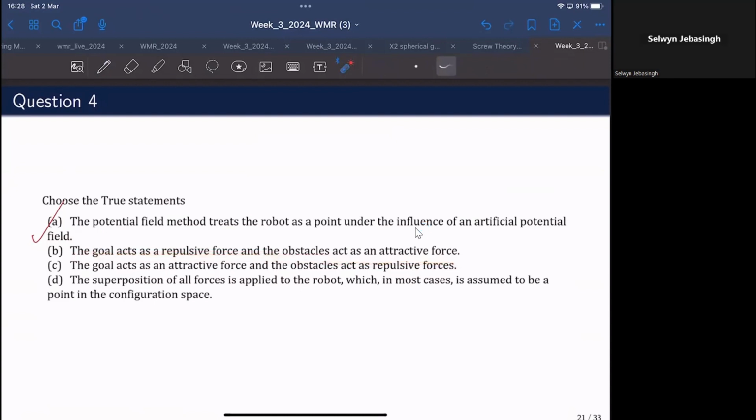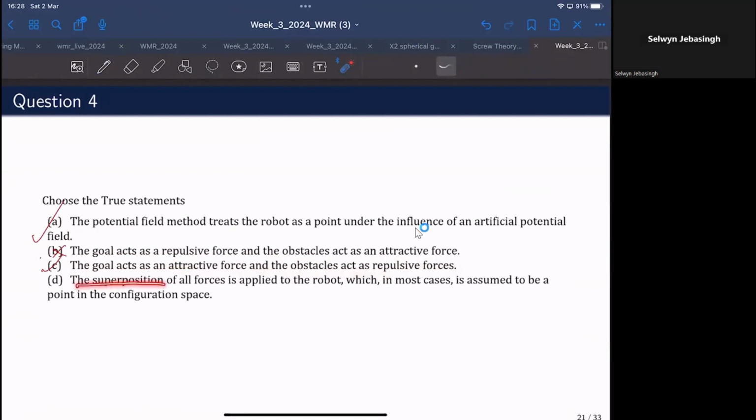That is contradictory to what we have discussed. So that is false, because goals act as attractive forces and obstacles act as repulsive forces. So option C is indeed correct, because this is exactly opposite to what we have seen in option B. And what about option D?